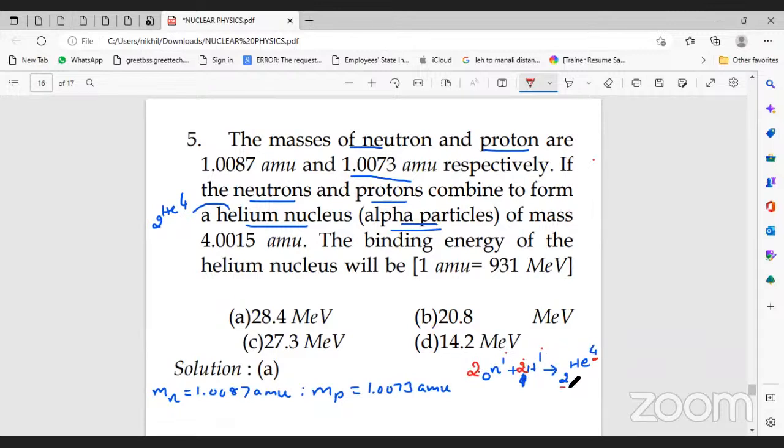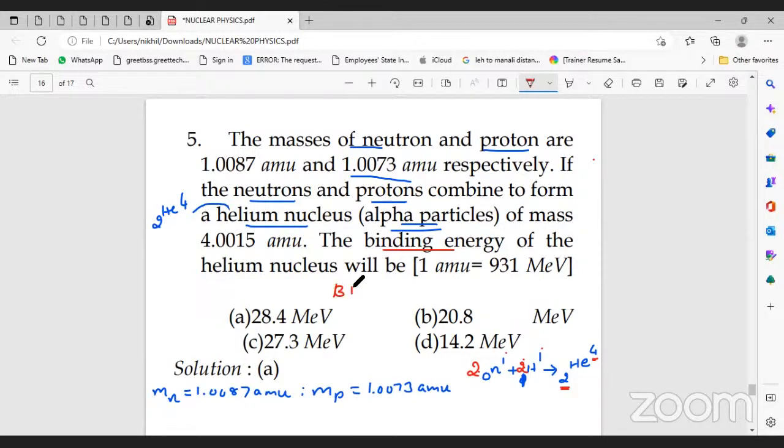Here 2 into 0 will be 0. So to balance the equation, you have to multiply by 2 on the reactant side. So instead of taking 1 neutron and 1 proton, you have to take 2 protons and 2 neutrons to form a helium nucleus.